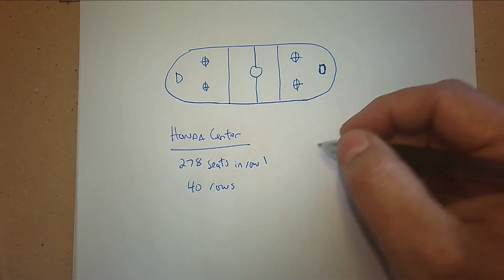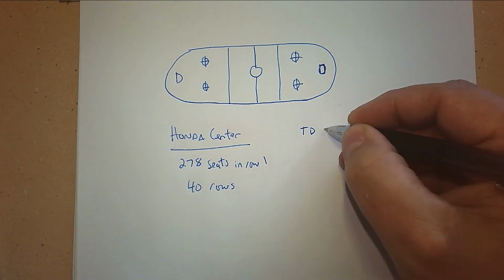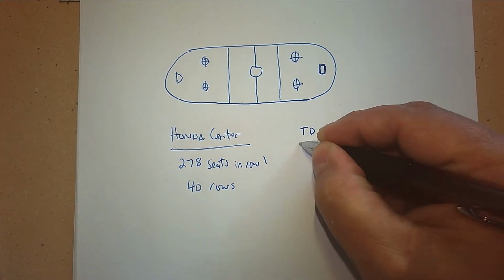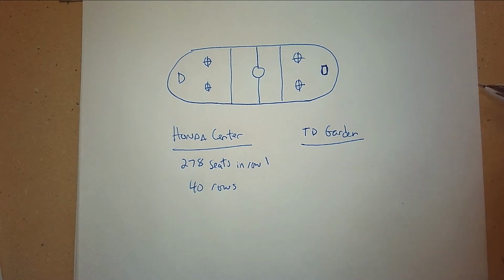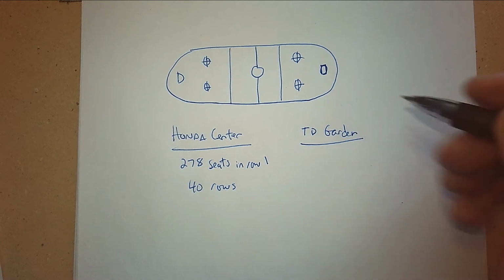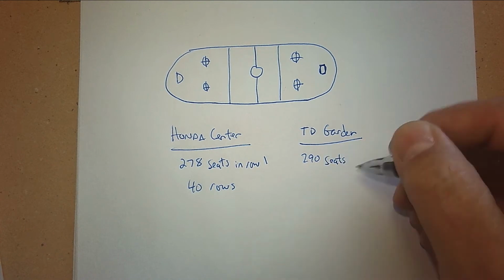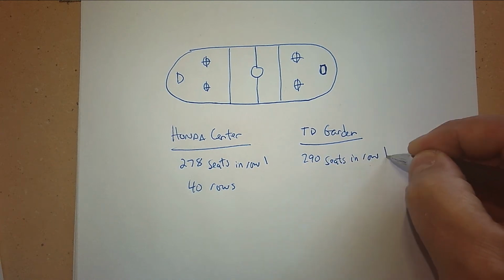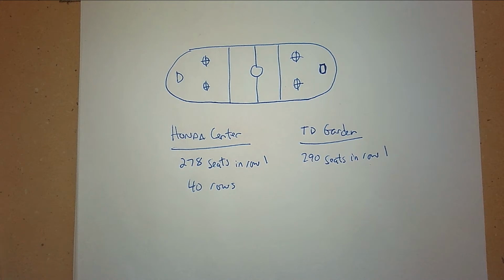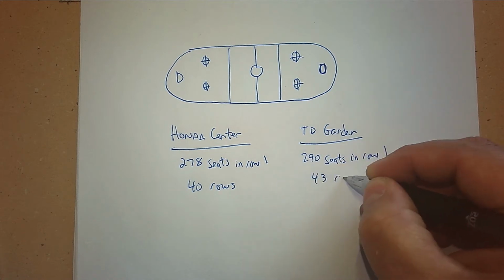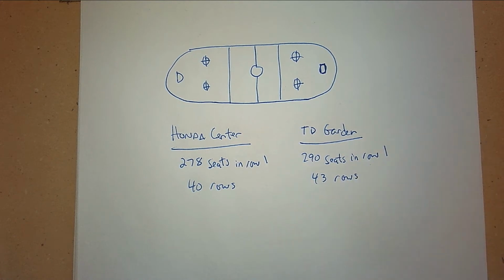I looked at another arena. I looked at TD Garden. TD Garden is where the Celtics and Bruins play. So the Boston Bruins play in that arena. When I counted around for that arena, what I noticed is that there were 290 seats in the first row. And when I counted all the way up, there were 43 rows.